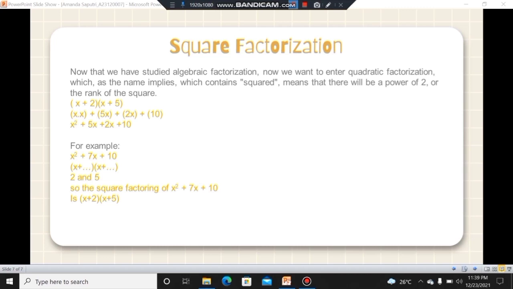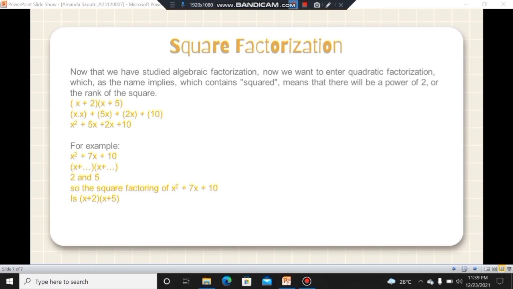We are looking for two factors which added to each other equal b and multiplied by each other equal c. Let's make it easy with a pattern like this: x plus blank, x plus blank. Why x? Because what we want to make is two factors that both start with x.